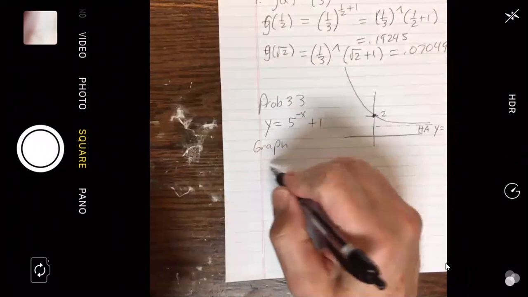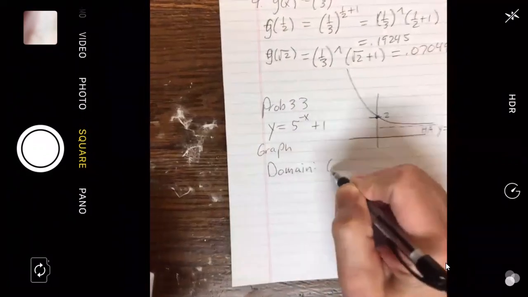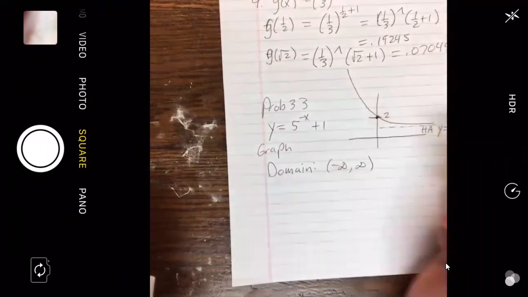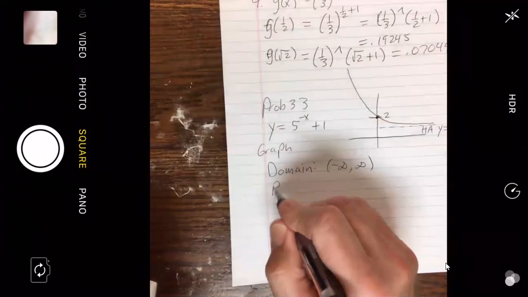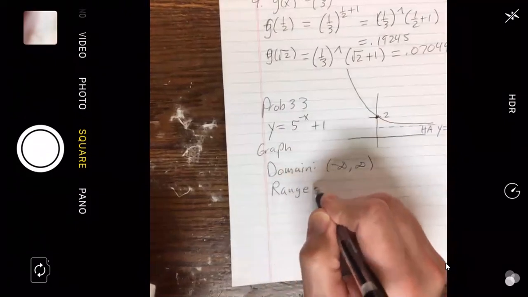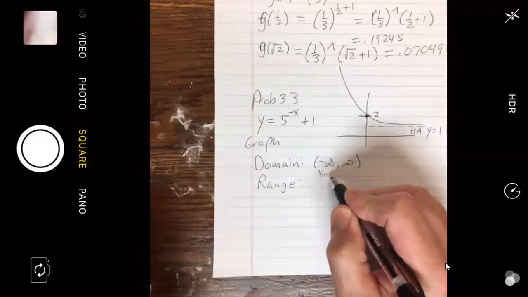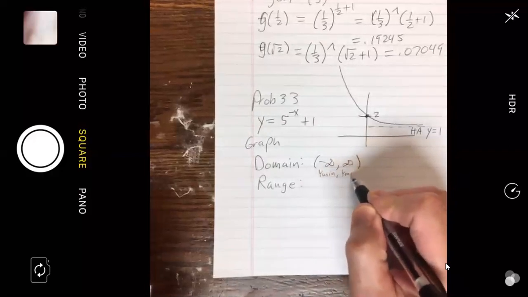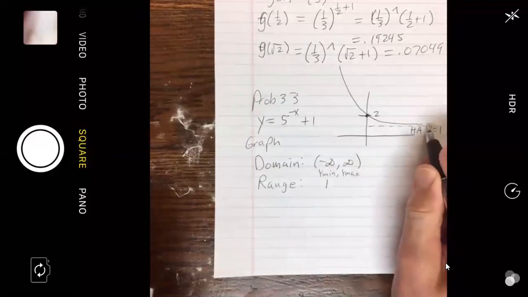All right, so domains are really easy on all of these. I made that point at 12 o'clock today. Negative infinity to infinity. You have no problems. There's no square roots, no fractions. Range: again, going from y min to y max. Your minimum y is 1, even though it doesn't hit 1.